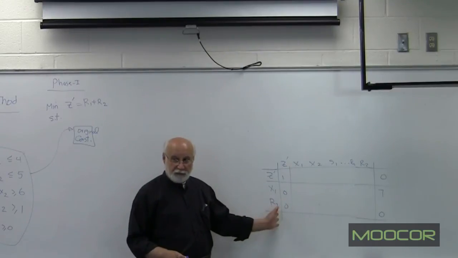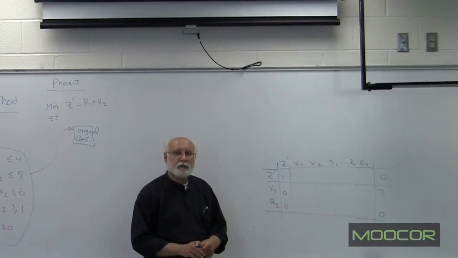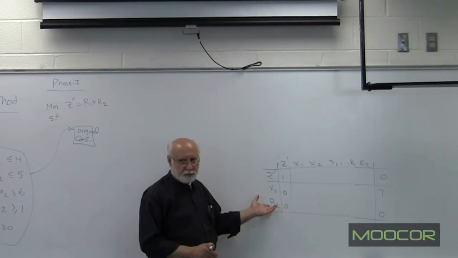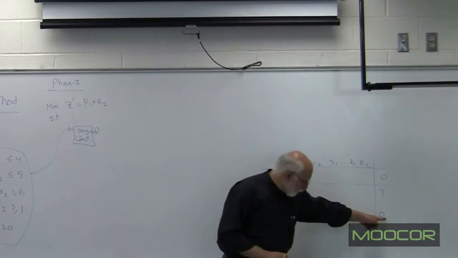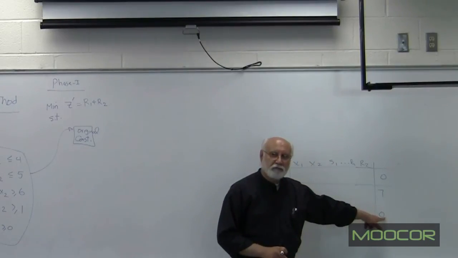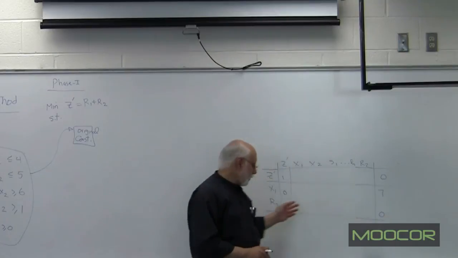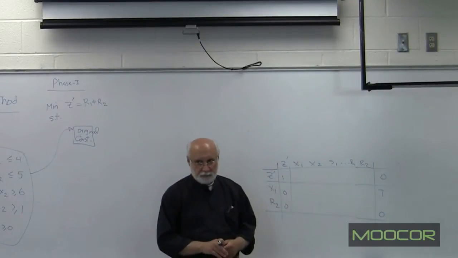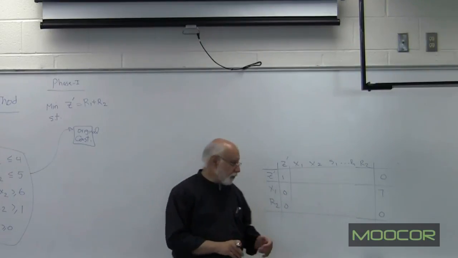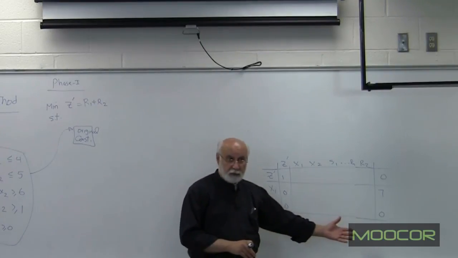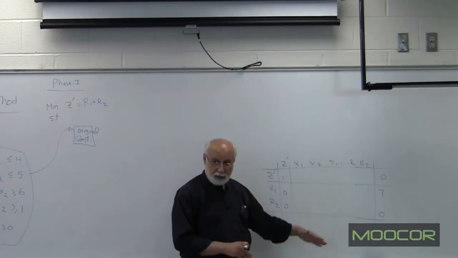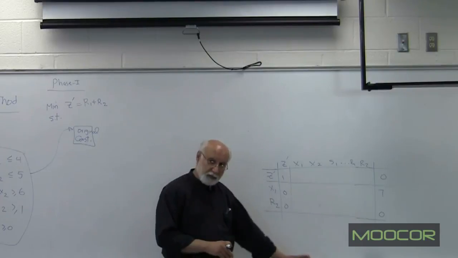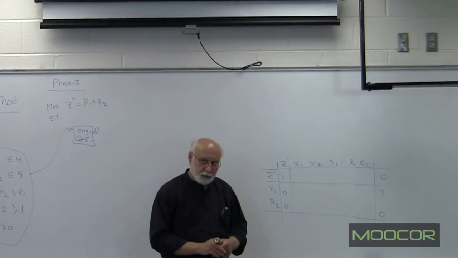Can we declare end of phase 1? Yes. R2 is still here, but its value is 0. So you can go to the next tableau, end phase 1 here, and go to the next one.